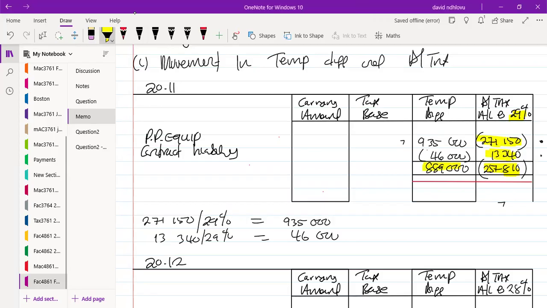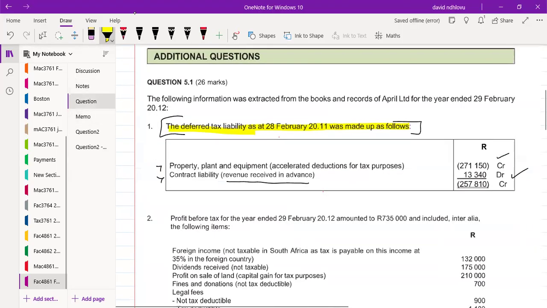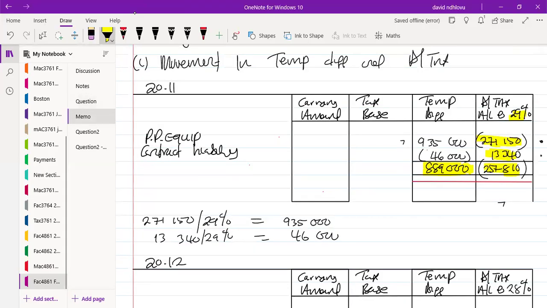But we need this figure, so we've got to work backwards until we are able to get that amount. You were already told the deferred tax liability on 28 February was made up of the following. So this is the total deferred tax made up of these assets and that liability. To work backwards, remember, you have to get the correct tax rate to use. This is the rate that was being used in the prior year.